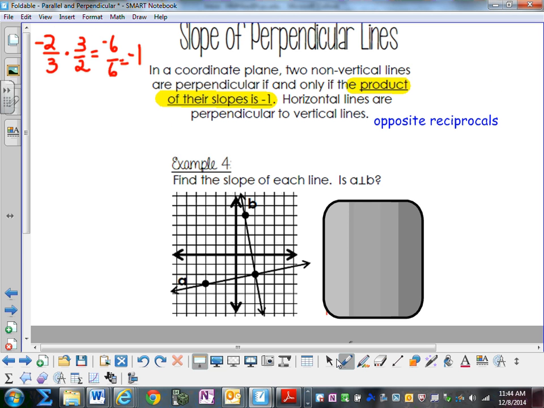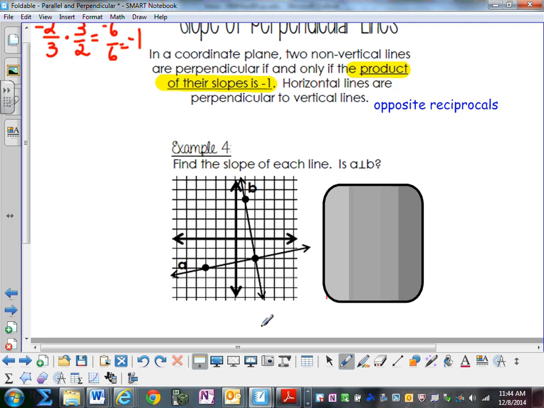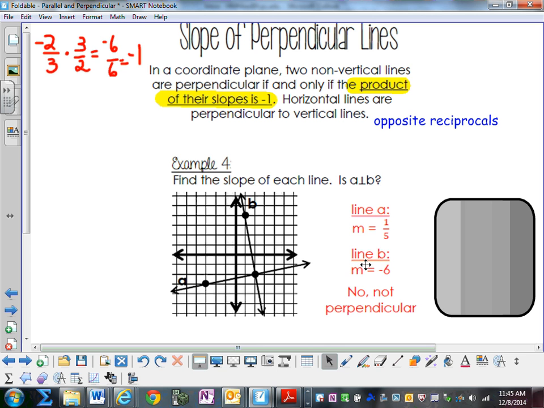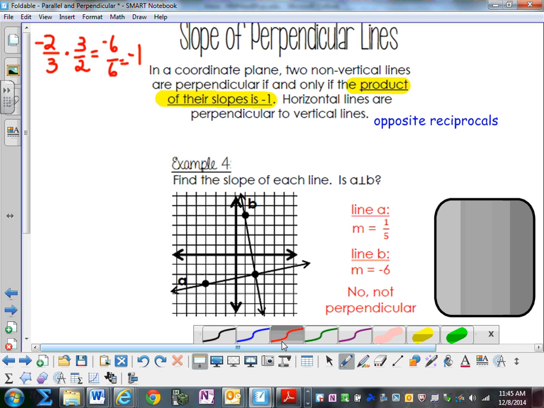So in example 4, we're going to find the slope of each line and then determine if A is perpendicular to B. Line A has a slope of 1/5.